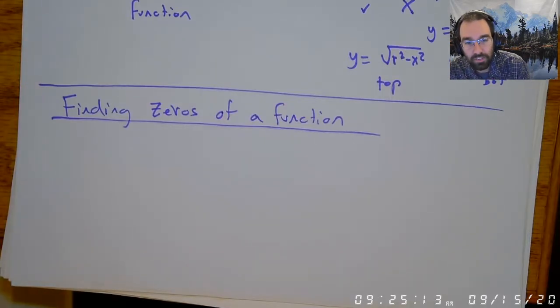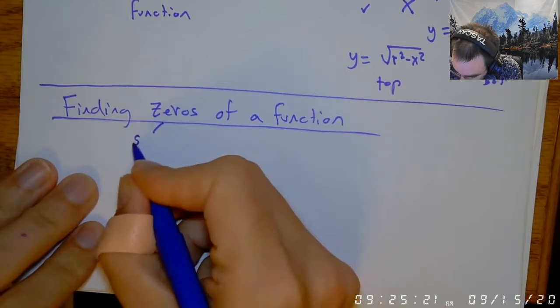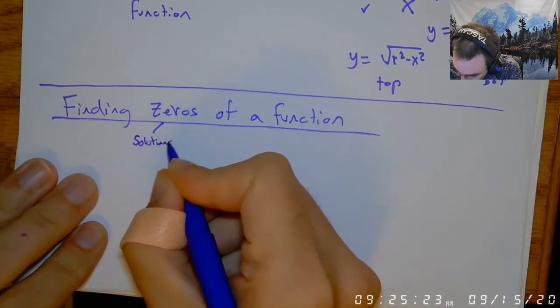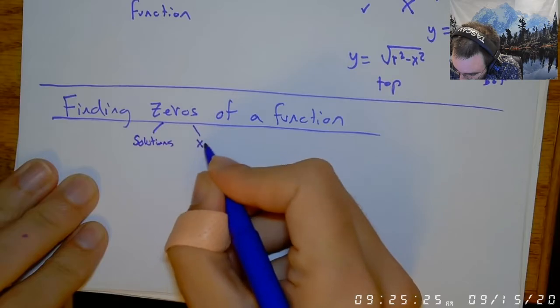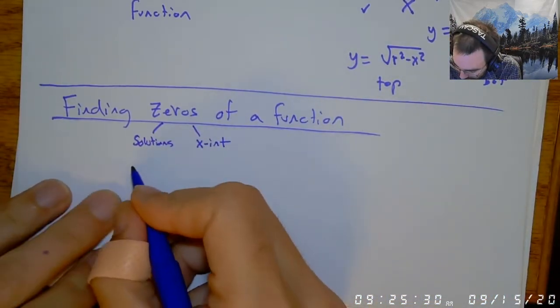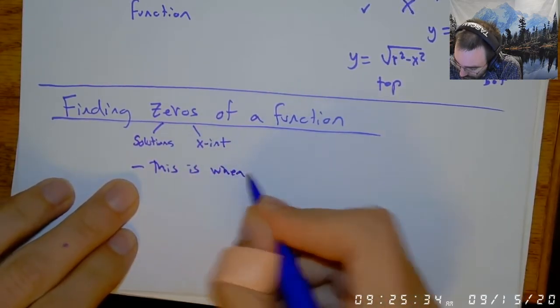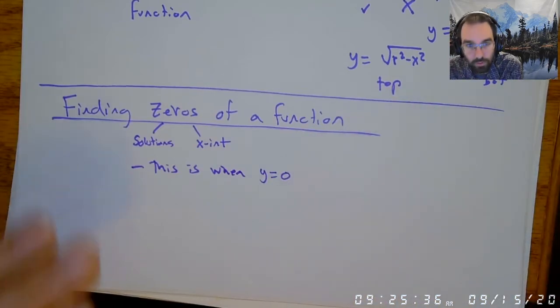When we say zeros, they're sometimes called solutions or x-intercepts. Basically, this is when y equals 0, so when the output is 0.